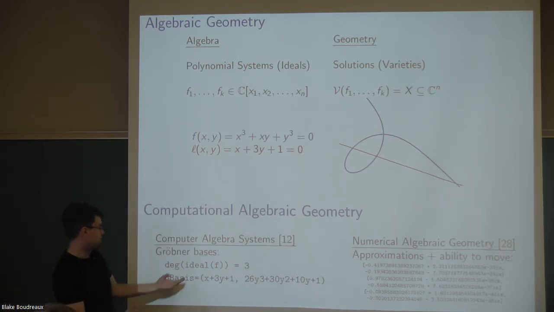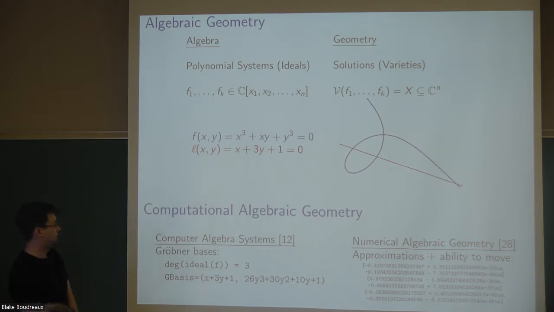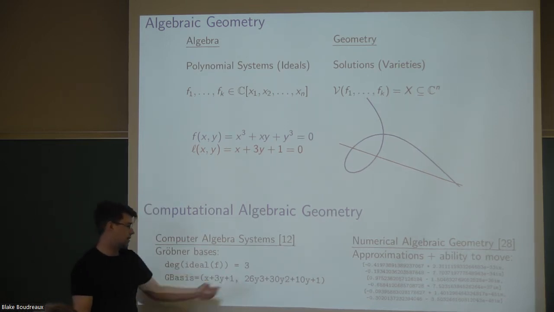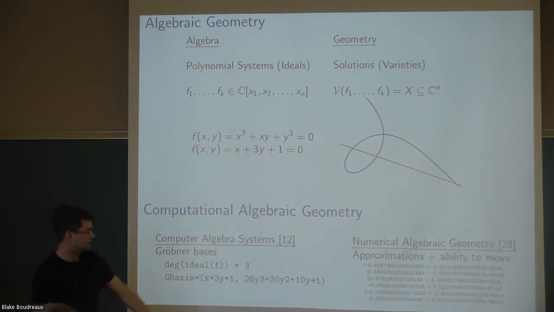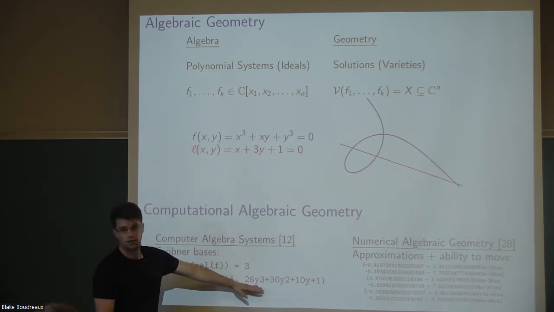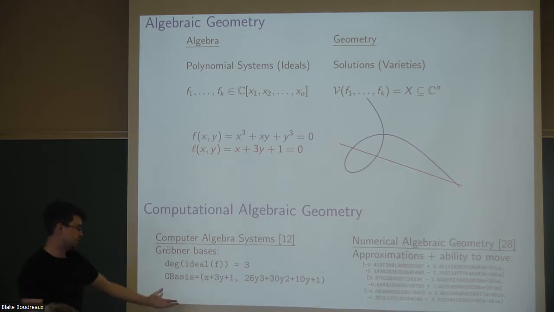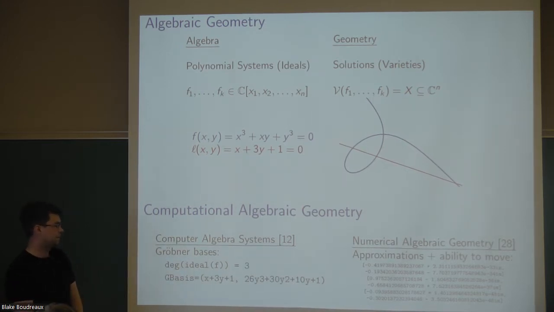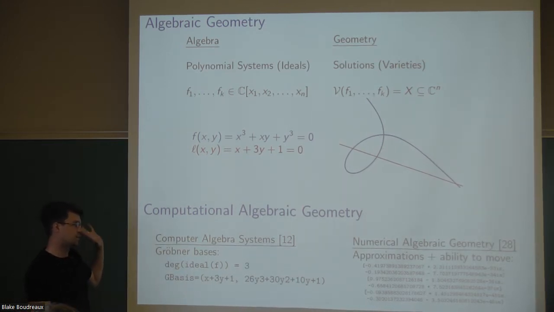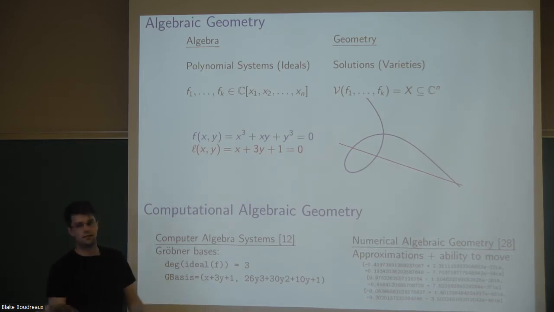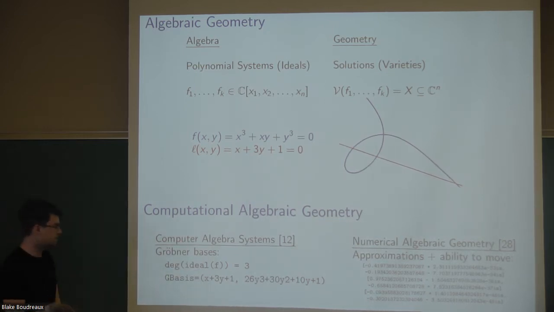And I could compute a Gröbner basis for the ideal generated by f and L, and out might pop something like this. And that this polynomial has degree 3 is an indication that the degree of this variety is 3.